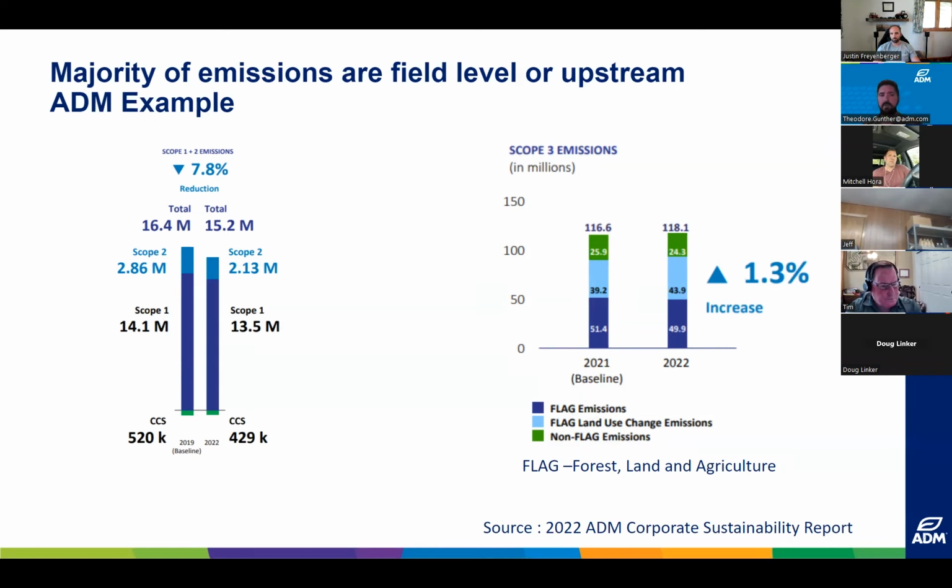So, by no stretch is this one or the other. This is ADM doing what we can within our facilities to maintain our processing capacity, but also looking to our suppliers and looking for opportunities to reduce emissions within their systems that indirectly lead into our scope 3 emissions.